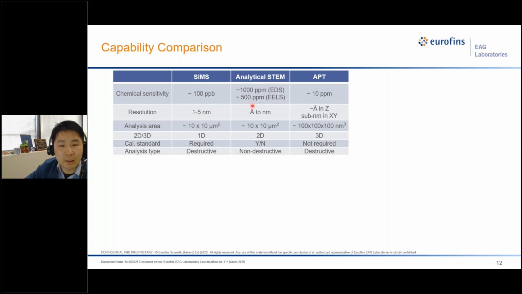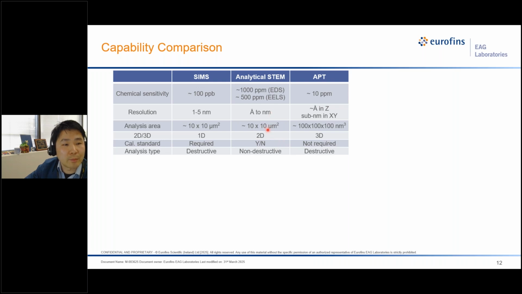In comparison, analytical TEM combined with energy dispersive spectrometry, EDS, can best achieve atomic percentage sensitivity. And EELS, electron energy loss spectrometry, can best achieve 500 ppm chemical sensitivity. For imaging resolution, TEM or STEM can achieve angstrom level resolution with aberration corrected instruments.